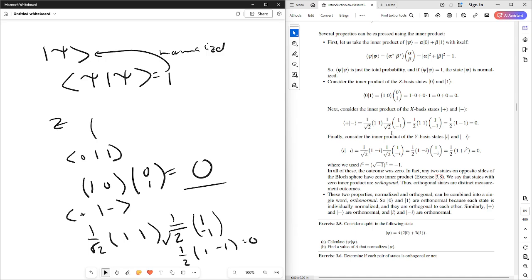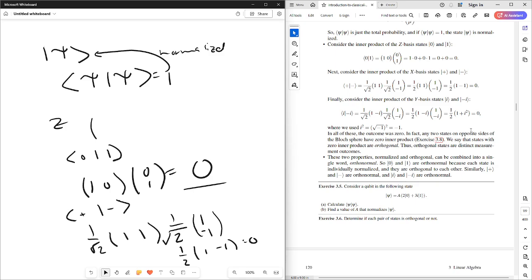And then further, they look at basis state y. So basis states are orthogonal. Any two states on opposite sides of the Bloch sphere have 0 inner product. These two properties, normalized and orthogonal, can be combined into a single word, orthonormal.